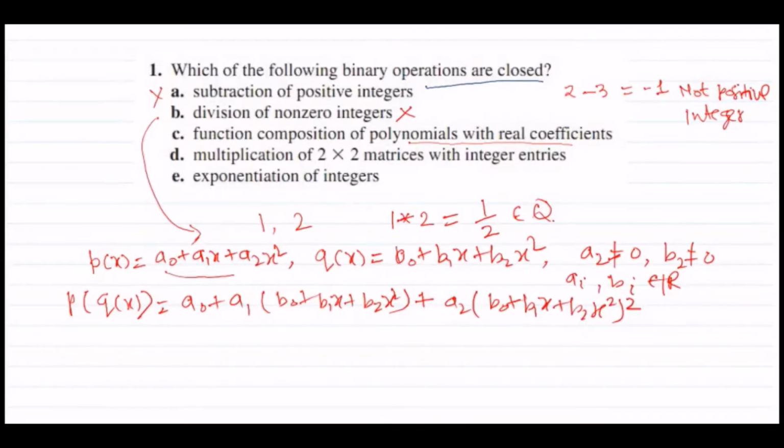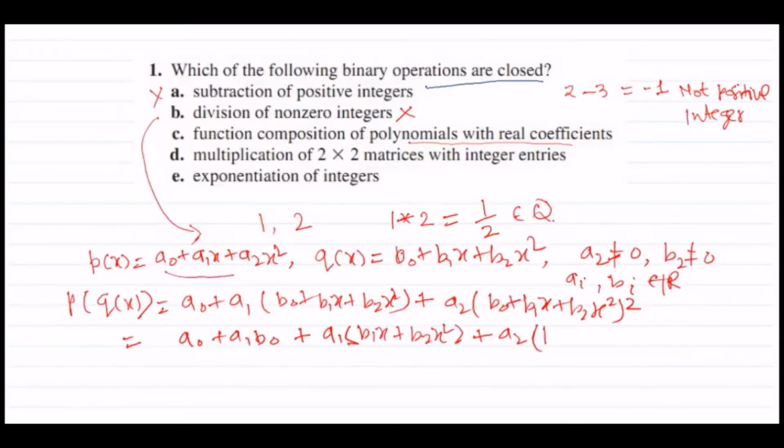When we simplify this, what do we get? a0, and from here a1b0 plus a1b1x plus b2x square, plus a2, and we need to expand this one.